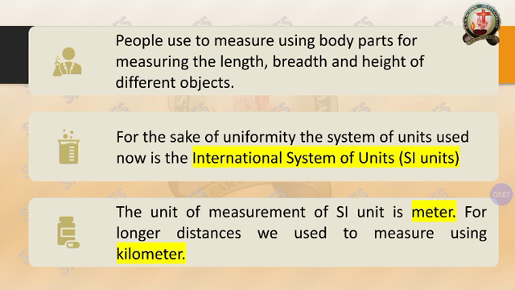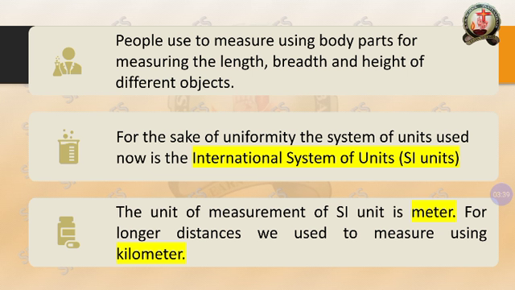Before the advent of any meter scale, people were using their own body parts, mostly their hands, to measure the length, breadth, or height of objects. I gave a lot of examples using hand span, and also a lot of techniques used by military people, which I showed in the previous class.